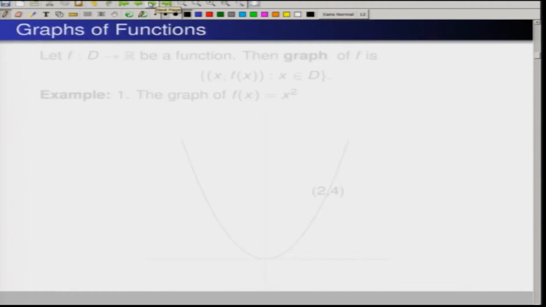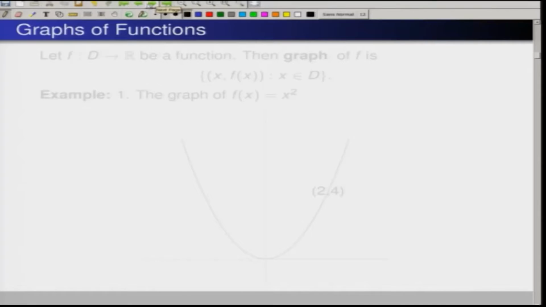Now, a very useful way of studying a function is to visualize the function. That means, if we can sketch the function, then we can understand the function better. This is called the graph of the function.